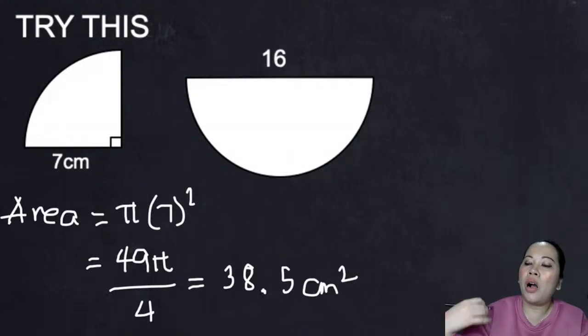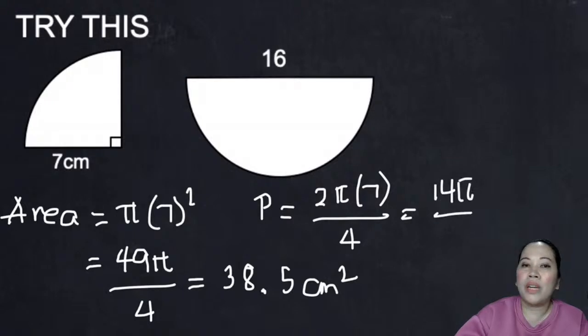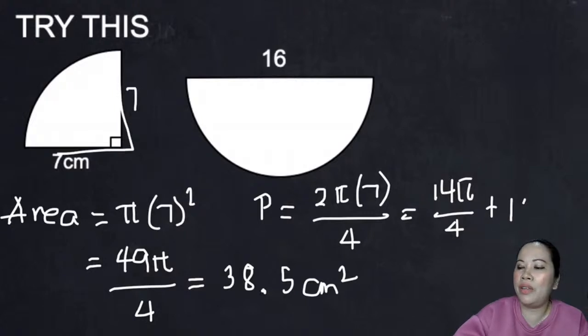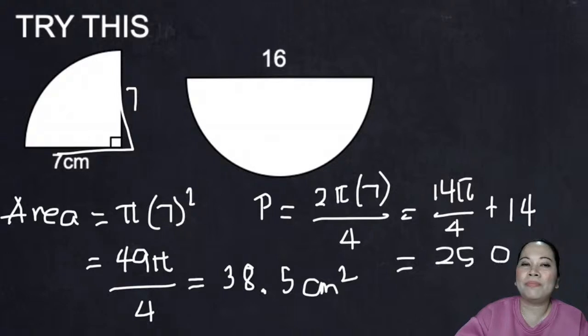And then our perimeter would be 2 pi r, 2 pi times 7, divided by 4. That will be 14 pi divided by 4, plus 2 of your radius here. So 7 plus 7 will be 14. That will give you the perimeter, which is 25 centimeters. I hope that's clear.